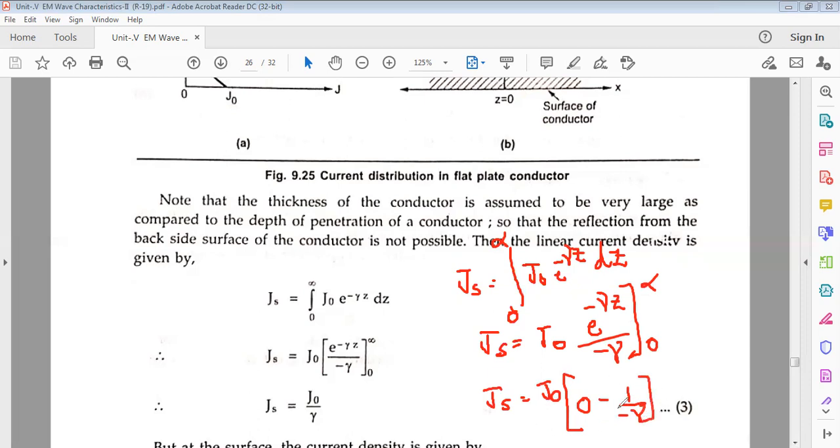Minus into minus is a plus. Js is equal to J0 by gamma. So we got the surface current density Js equal to J0 by gamma.